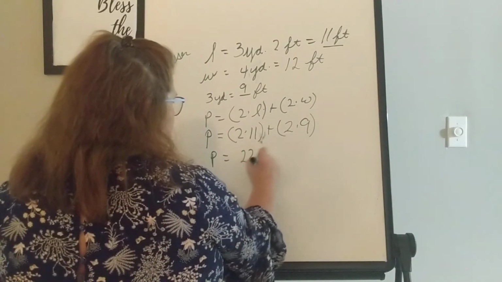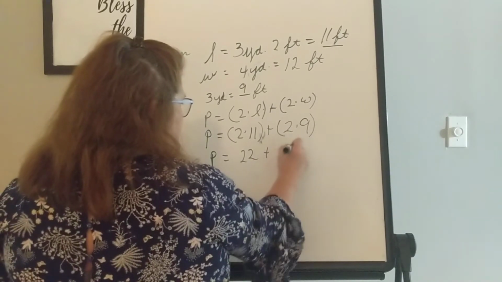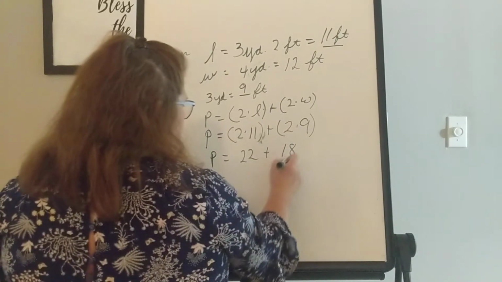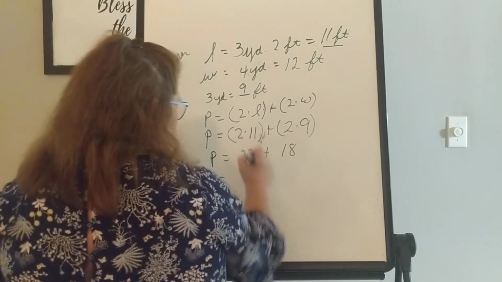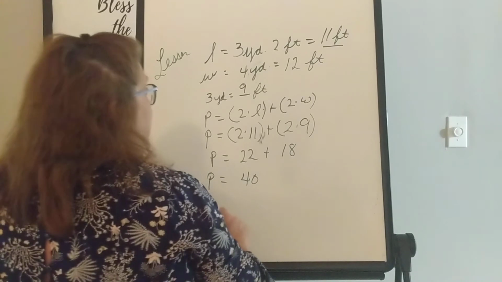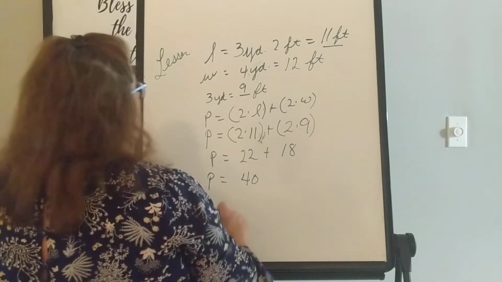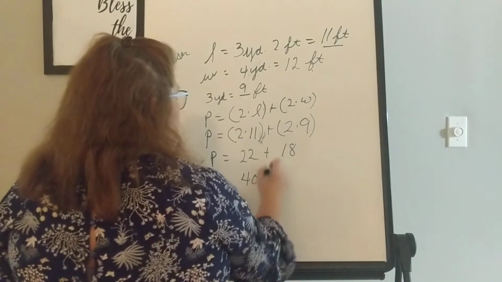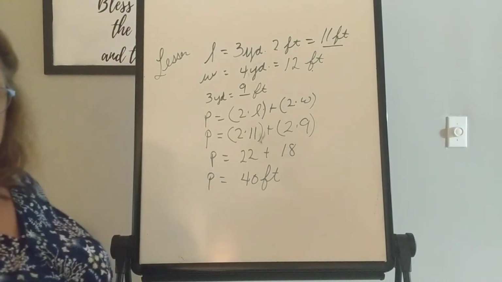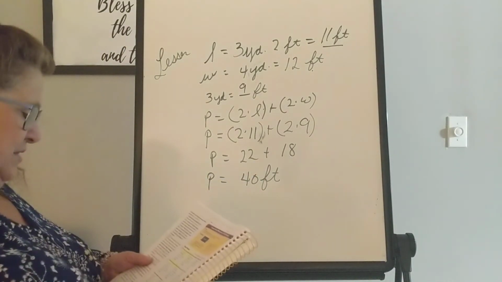Perimeter equals 22 plus 2 times 9 is 18. Perimeter equals 40, because 2 and 8 is 10, 0 down, carry the 1. Perimeter equals 40. What is my unit of measure I converted to? The lesser unit, 40 feet. Okay? So that is that.